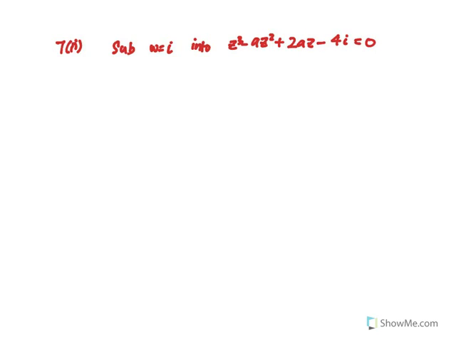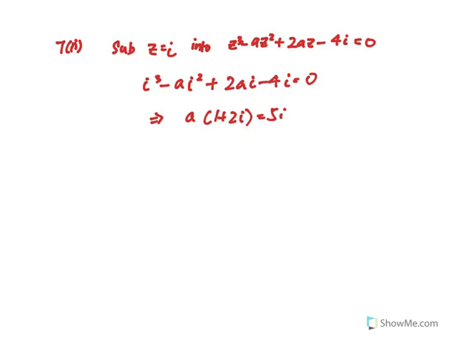If I substitute z as i, I get i cubed minus ai squared plus 2ai minus 4i equals 0. And this implies, eventually solving this, a plus 2i equals 5i, and a equals 2 plus i.